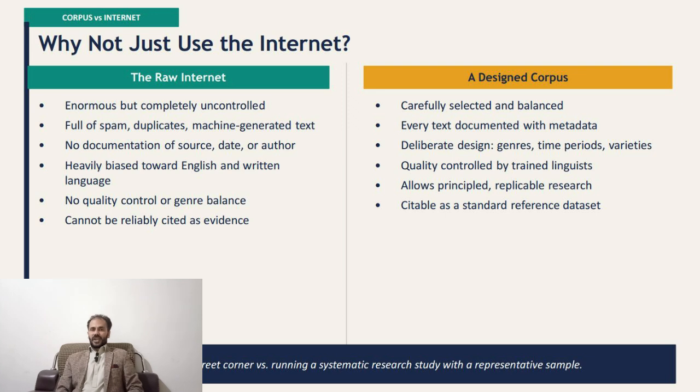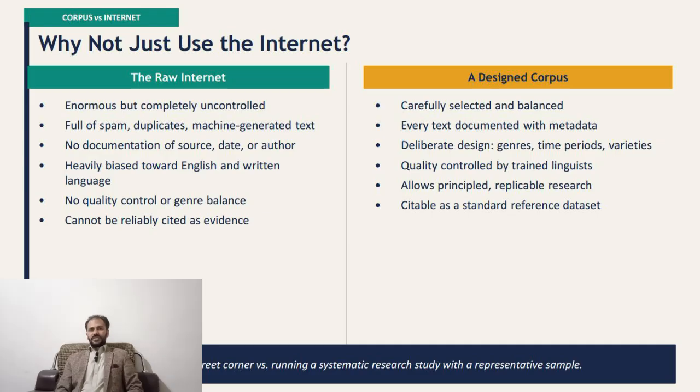It contains spam, duplicate content, machine-generated text, and vast amounts of low-quality writing. It has no documentation about where the text came from, who wrote it, when it was written, or in what context. It is heavily biased towards certain countries, towards certain registers, towards written rather than spoken language.